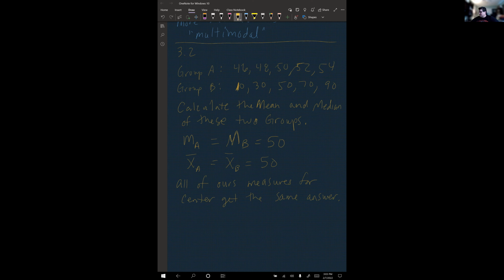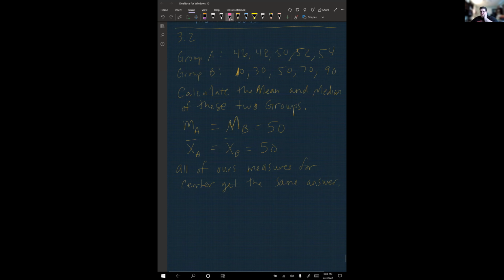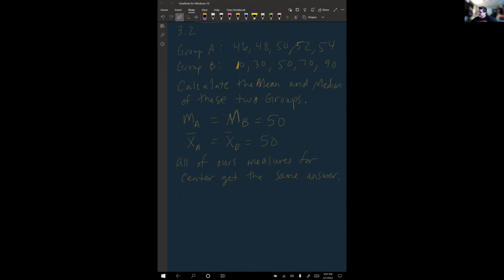So clearly this measure of center, the mean, median, and mode, I should have said this in 3.1, they're called measures of central tendency, how we tend towards the center. Our measures of central tendency don't show everything.